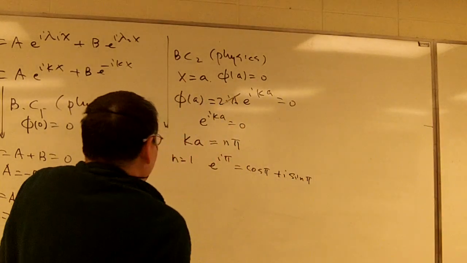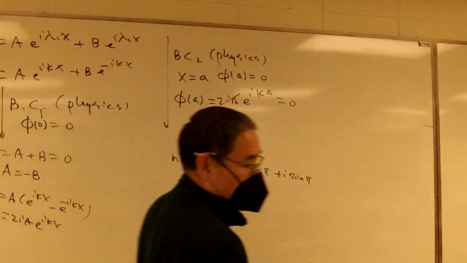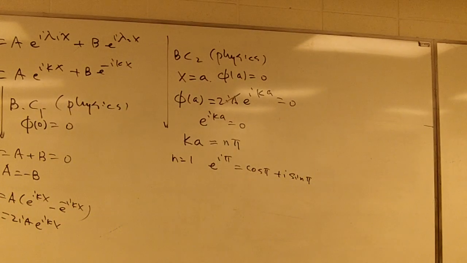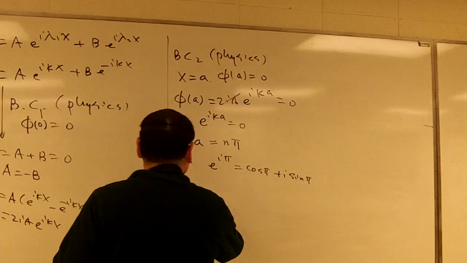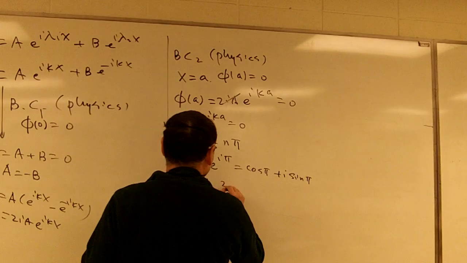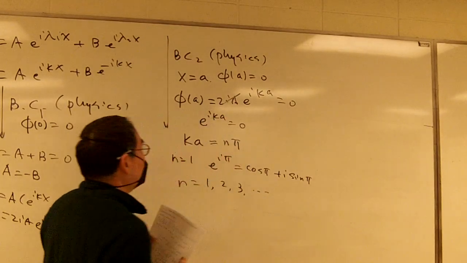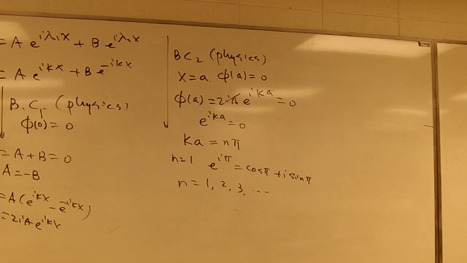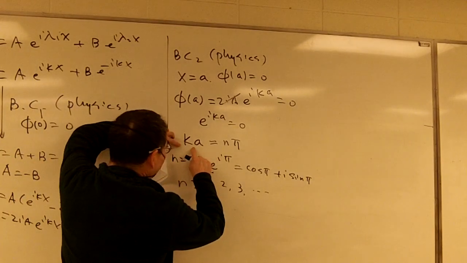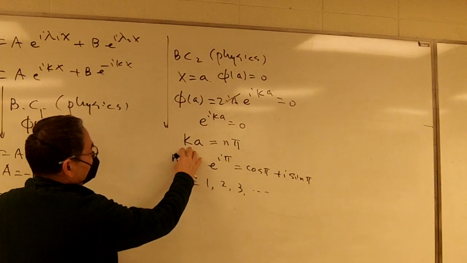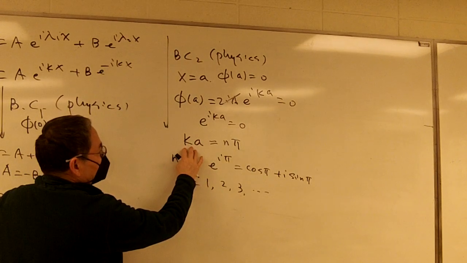So in other words, in this case, I can always choose this particular value here. So my n here is going to be equal to 1, 2, 3, all the integer numbers. And this is the one. Now, once I get this, my k, in the beginning I did not have the subscript.